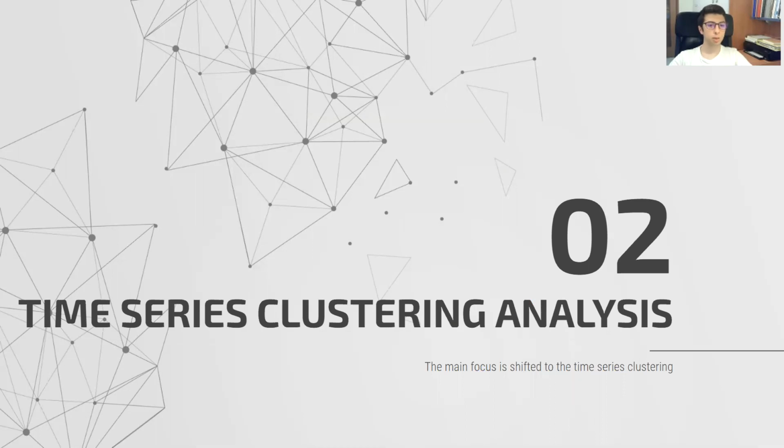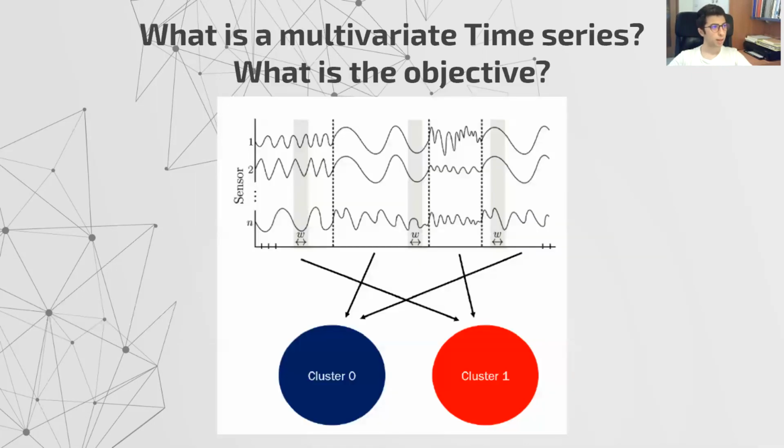Last time I introduced the context by saying that we are not considering points described by items, that is, different points described by features, the columns of a specific table. But we are focusing on multivariate time series. And what is a multivariate time series, what is one point of the space that we are considering, and what is the objective of this chapter?